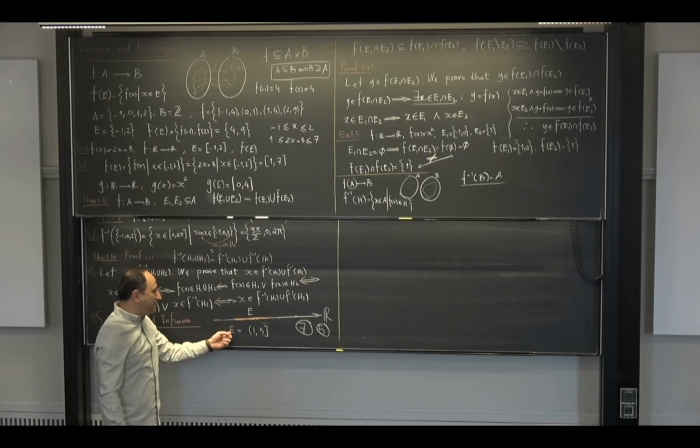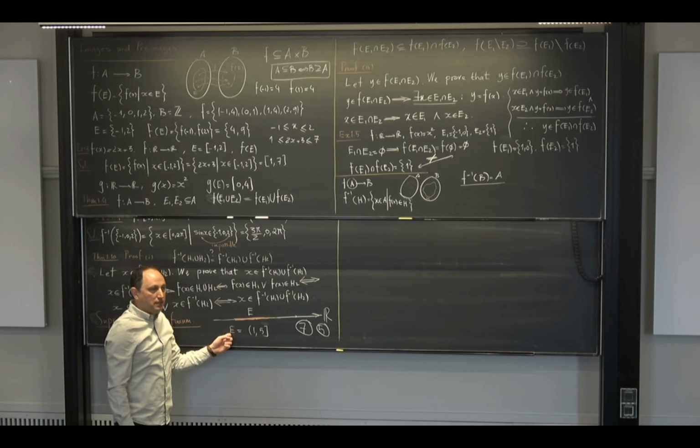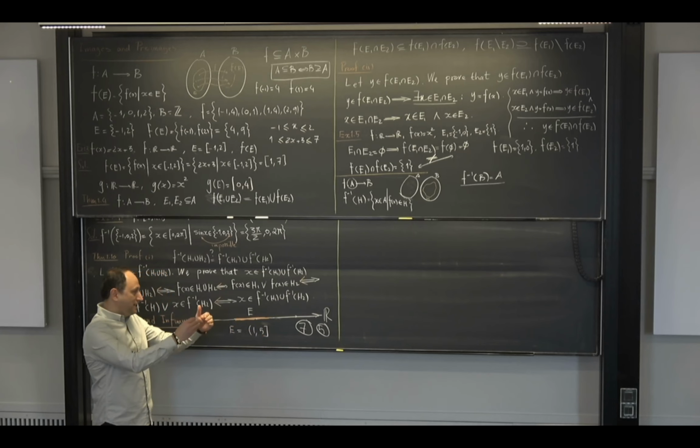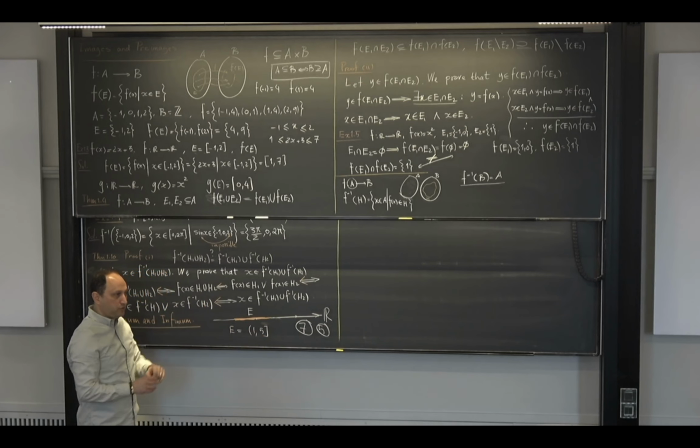If I ask you what is the maximum of elements in E, what do you answer? What is the maximum element of E? 5. The smallest upper bound was also 5.